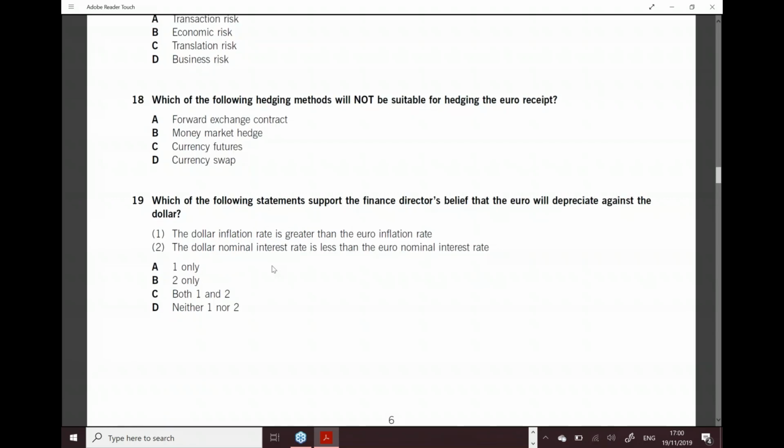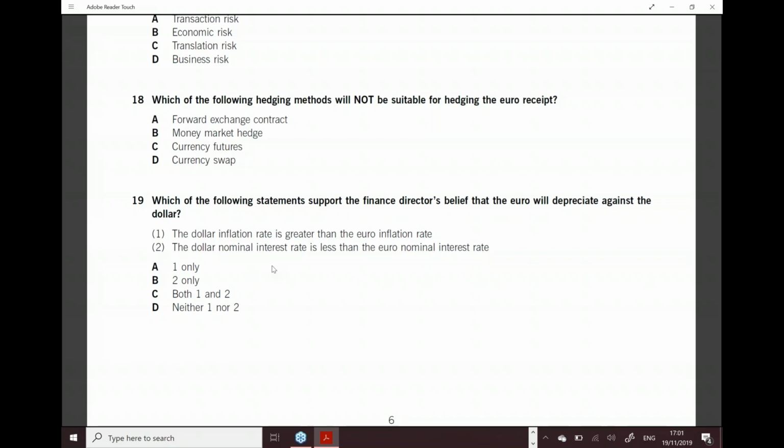Which of the following statements is correct, supposing the finance director believes that the euro will depreciate against the dollar? Well, the euro cannot depreciate against the dollar if the dollar inflation rate is greater than the euro inflation rate.